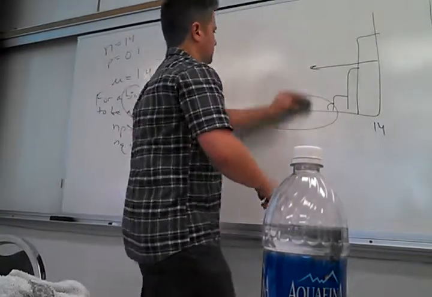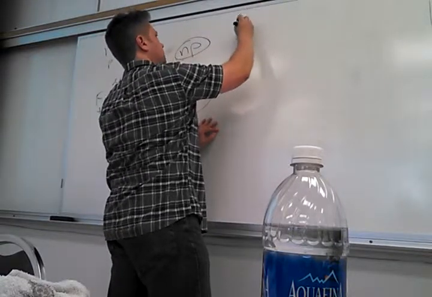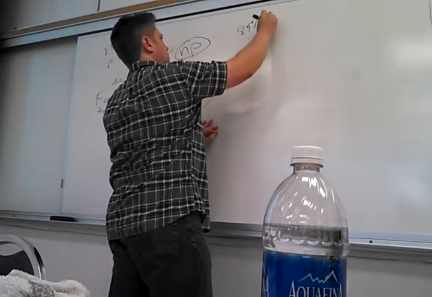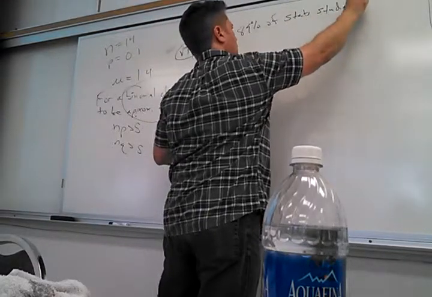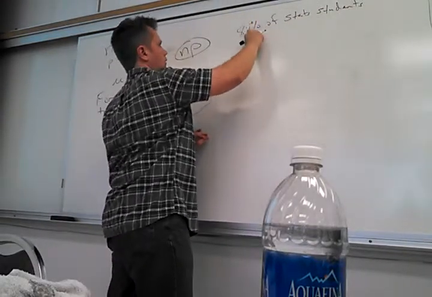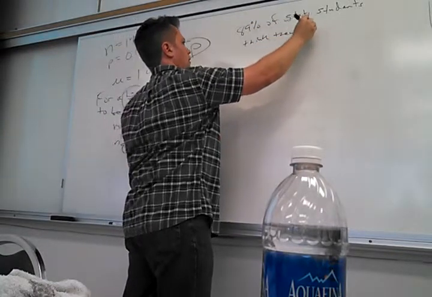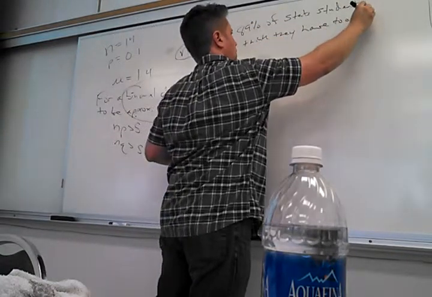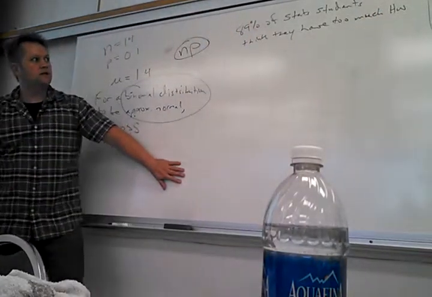Well, here's one situation. 89% of stats students think they have too much homework, when in reality it's not enough. So 89% of stats students think they have too much homework.